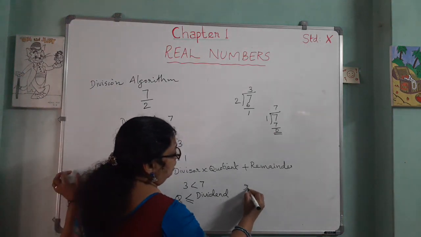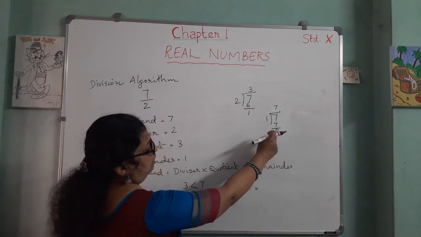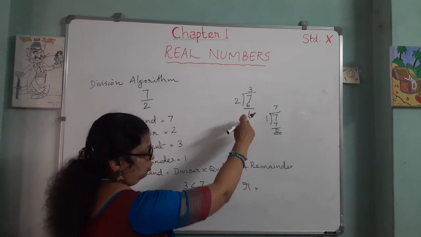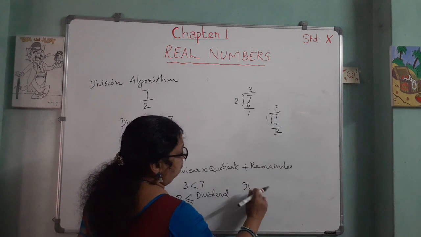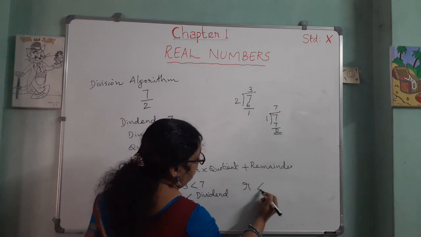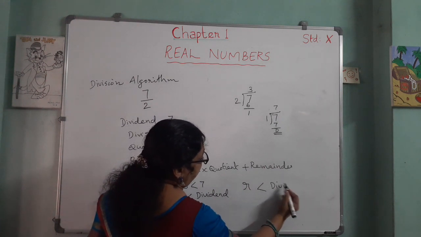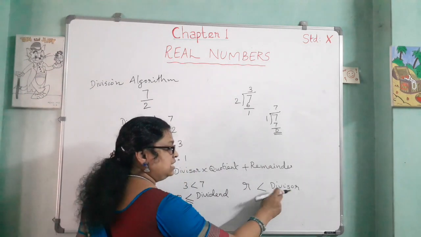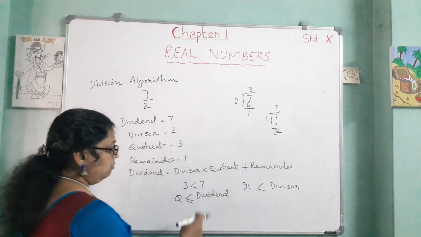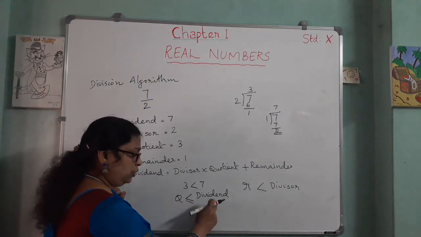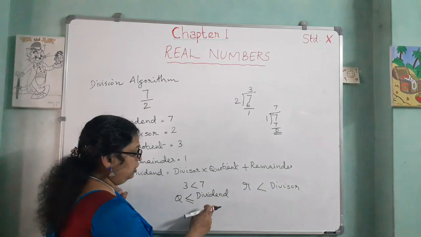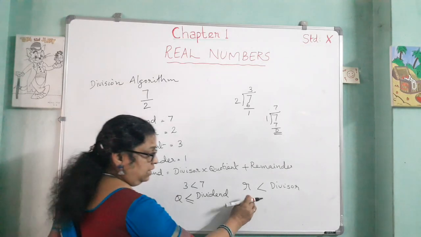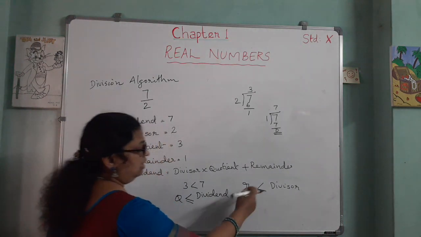Then whatever the remainders are, the remainder here is 0, that is less than 1, here 1, that is less than 2. So the remainder is always less than the divisor. So the quotient may be equal to the dividend, or the quotient is always less than the dividend, and the remainder is always less than the divisor.